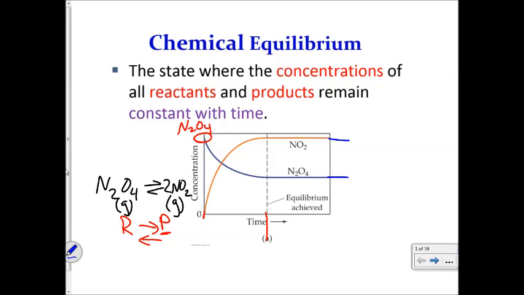The reactants are making products, the products are making reactants at equal rates, establishing this ratio of concentrations. We're going to be able to calculate that ratio, and that's what the K constant, the equilibrium constant, is. I don't know if you remember those K values from last year. We'll be talking about that.